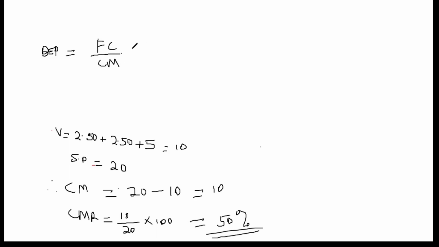So our fixed cost was 40,000 over 10. That gives us 4,000. These are the units. 4,000 units.